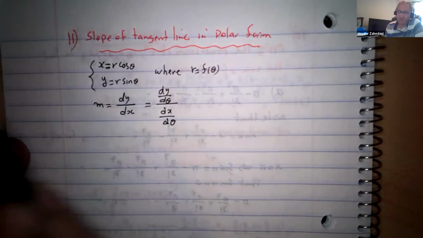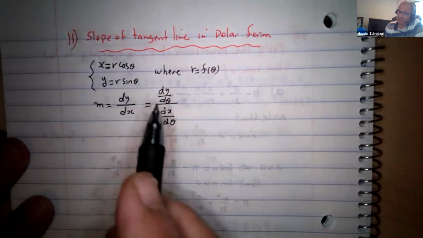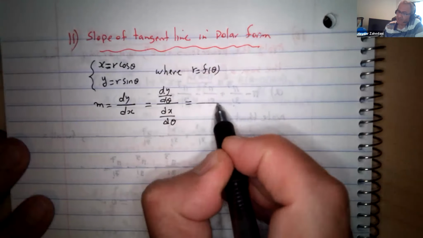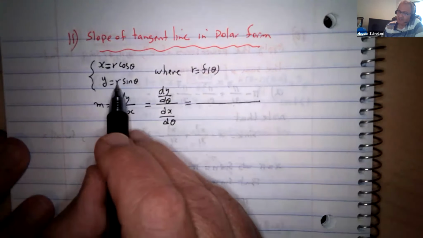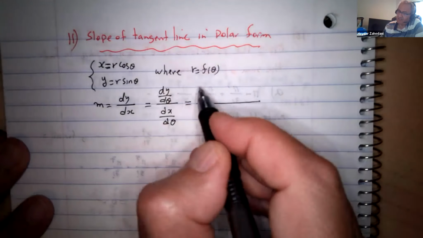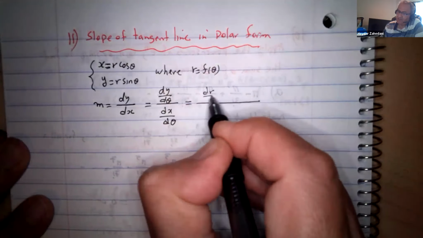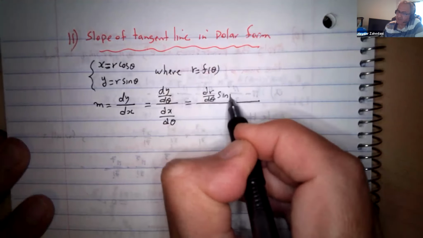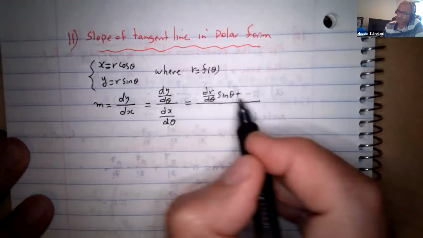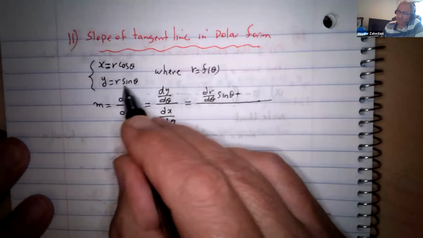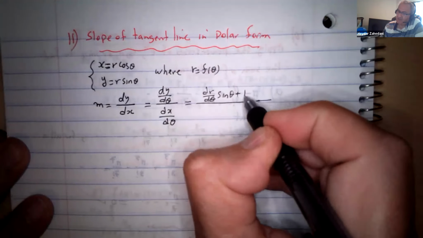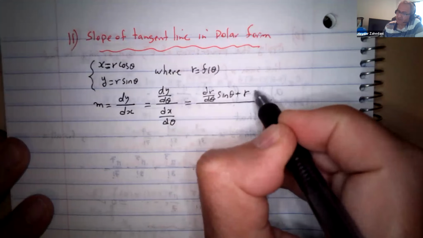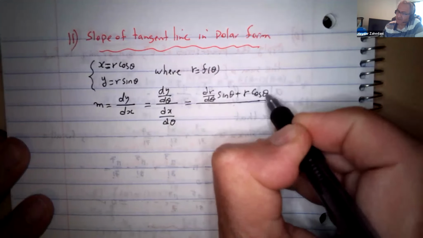We just use the product rule. The top one is the derivative of the first times the second, that's dr/d theta times the sine of theta, and the second part is the derivative of the second times the first, which is r times the cosine of theta.